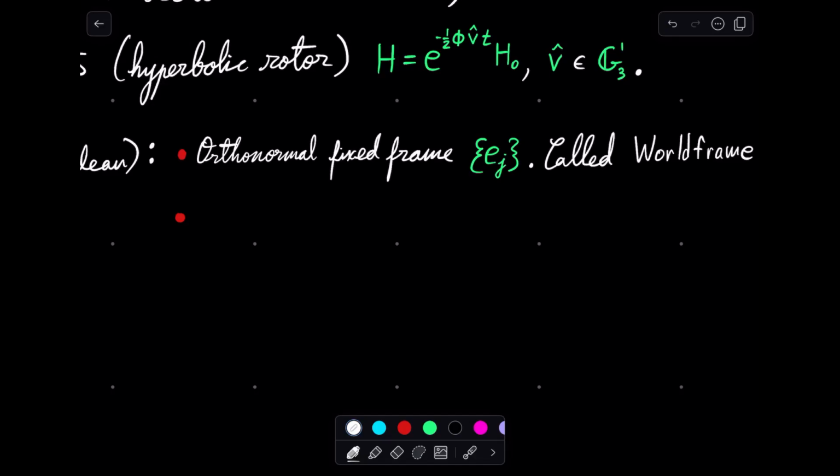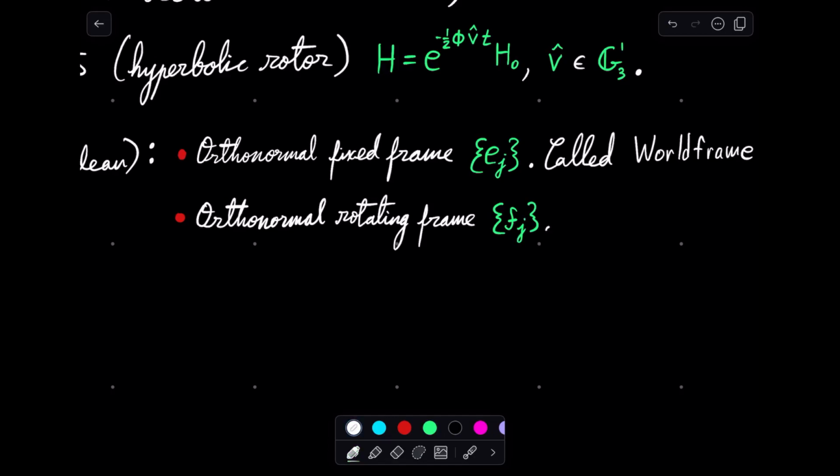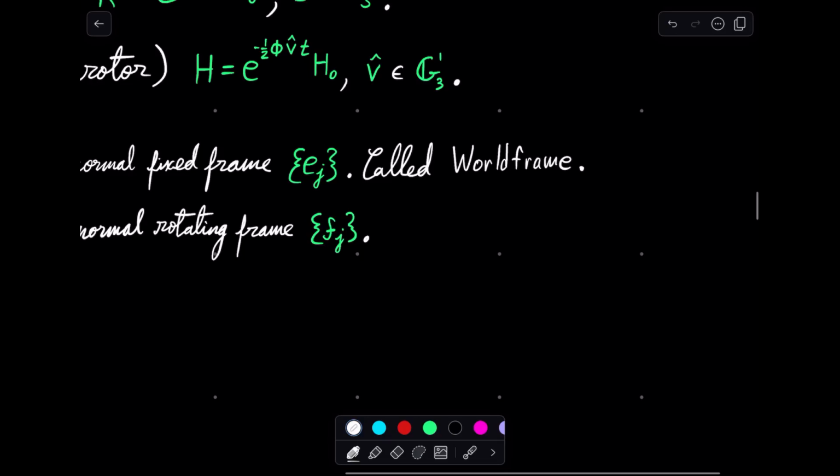So you get the orthonormal rotating frame, and this is called the body frame.